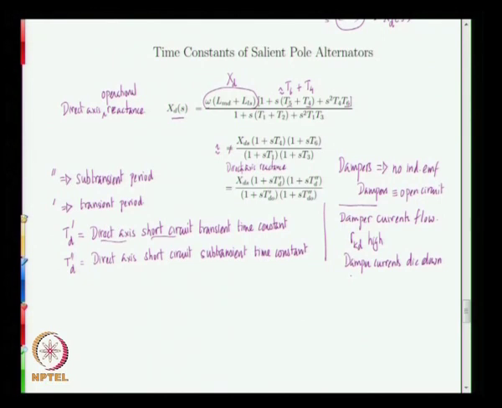Because of this, the entire interval following the disturbance can be divided into two distinct sub-intervals: first, a region where there is an effect of the damper bars, and second, an interval where there is no effect of the damper bars, and then lastly the region where you have only the end steady state response of the system.